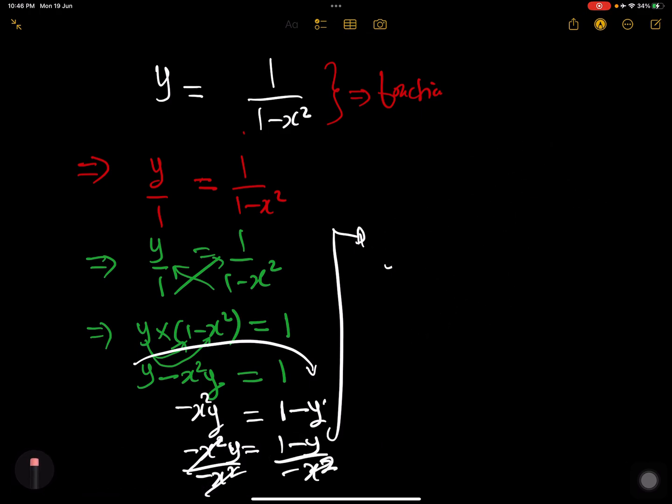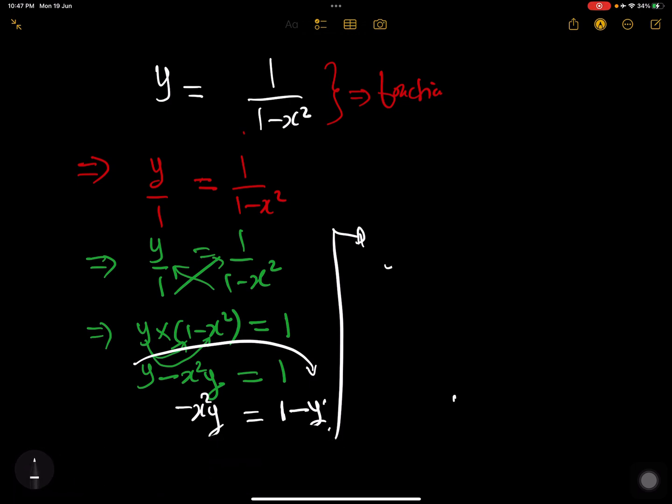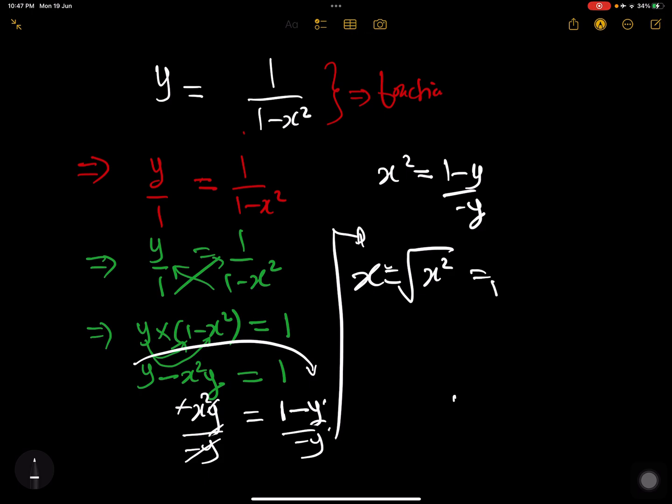I think we're looking for x squared, so we're going to divide both sides by negative y. So this is going to be negative y divided by negative y, and then we're going to have x squared is equal to 1 minus y divided by negative y, and then x will give us the square root. The square root of x squared, also square root of 1 minus y over negative y.